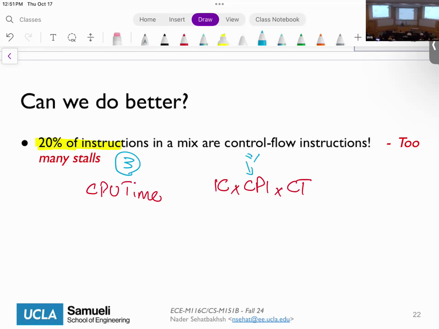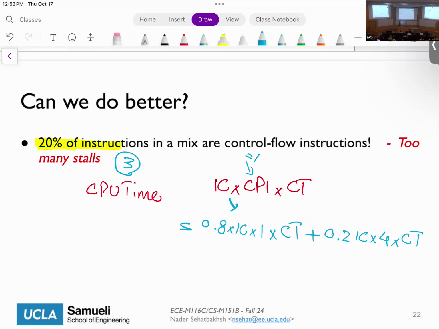So then you can do it this way: 80% of the time, I have 0.8 times IC times 1 times CT, plus 20% of the time, 0.2 times IC times 4 times CT. And that would be my new CPU time, right?